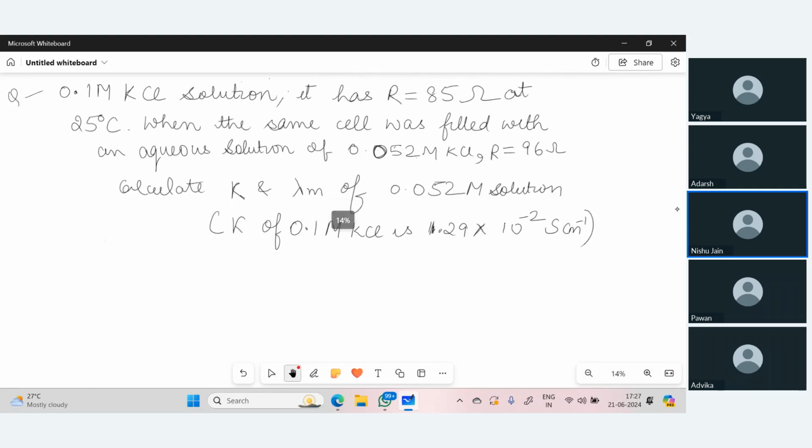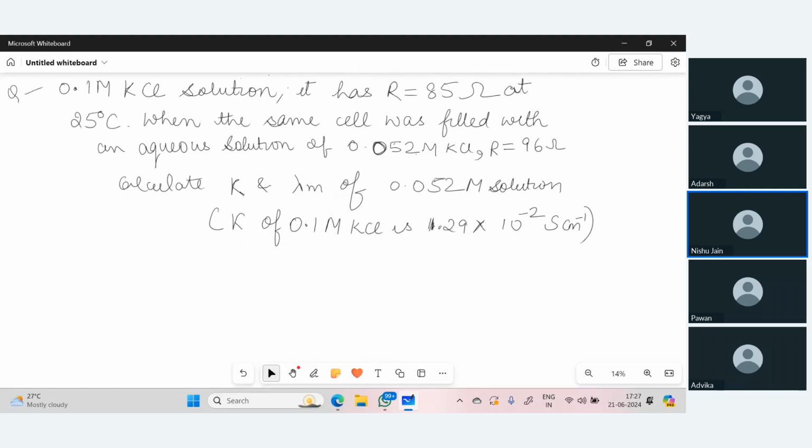Okay, Pawan, what should be the first step in this numerical? First, to find G star. Okay, tell me what is given. For the 0.1 molar solution, what all things are given? We know the conductivity of it, and we know its resistance.